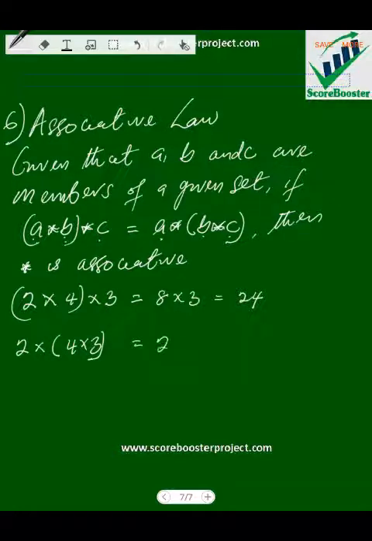It's going to be 2 times 12, so still 24. So for that reason, we say this operation is associative, right? The operation is associative.